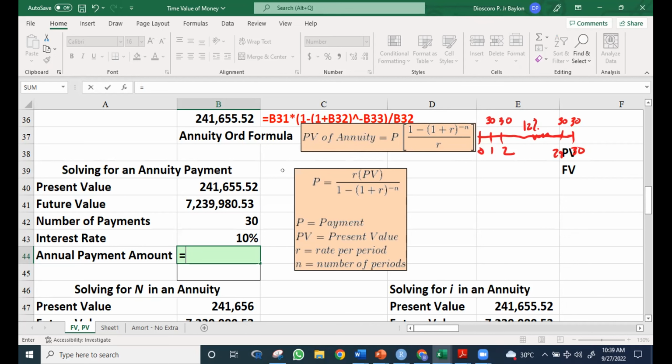Okay, my volunteer ba, class? Would like to compute for the annuity. Anyone, please?